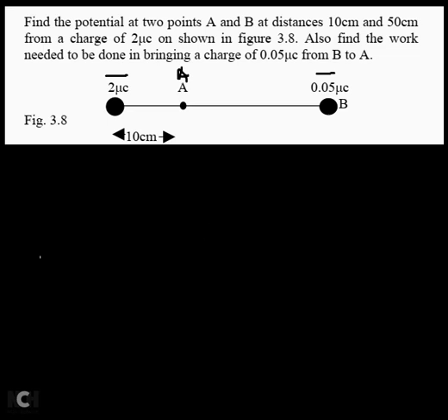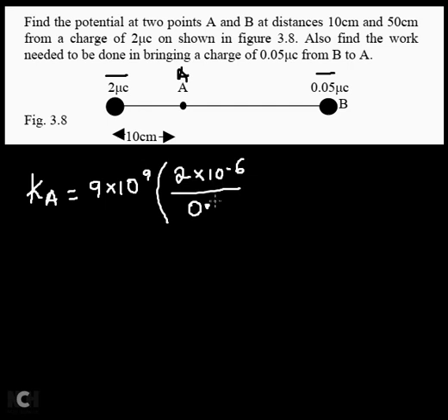Let's actually do that. So the potential at point A is going to be equal to, of course, K, which is 9 times 10 raised to the power of 9, bracket open, the charge of 2 microcoulombs, then divided by the distance of that charge from point A, that's 10 cm, which is 0.1.